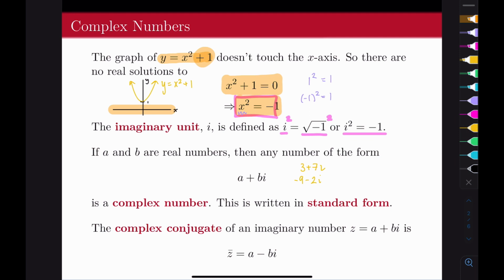Standard form allows you to immediately see what we call the real part, the part that's just the real number. And then we can also immediately see the imaginary part, which is the thing that's attached to the i. Standard form has these two fully separated, so I immediately know the value of a and the value of b.